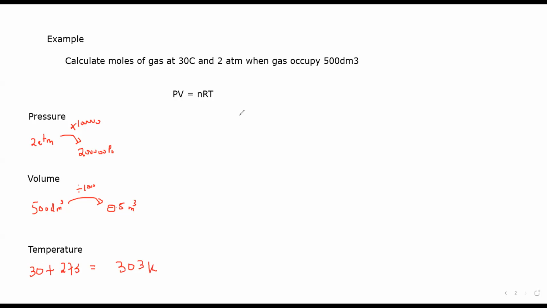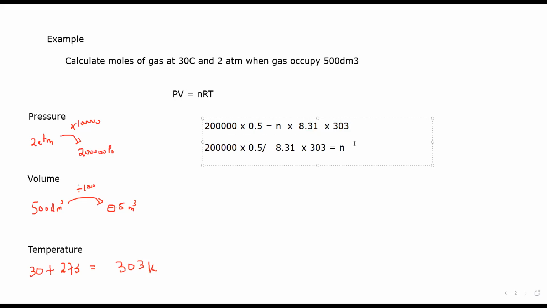So the units are already converted, so we can substitute the values. It is 200,000 multiplied by the volume, which is 0.5, equals n, the moles we are finding, multiplied by R, the general gas constant, which is 8.31, multiplied by the temperature, which is 303. If we need the moles, this whole factor will go to the other side in division.